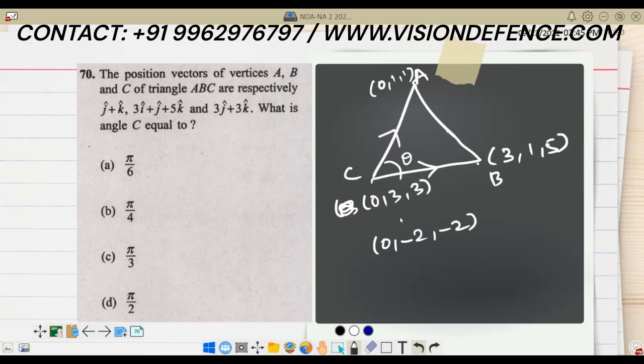And the direction ratio of BC is going to be 3, minus 2, 2, because 5 minus 3 is 2. So cos C is equal to the dot product between them.